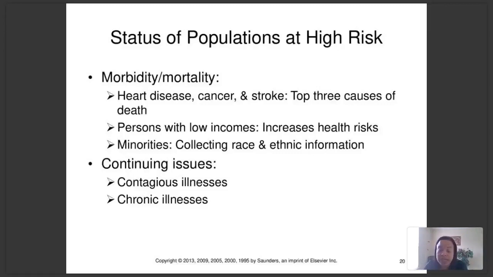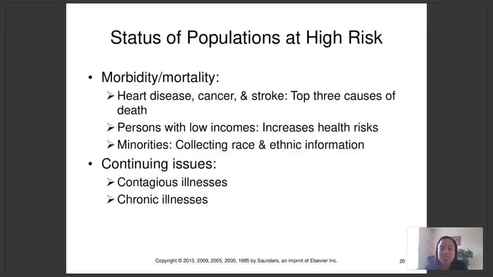SES, socioeconomic status, does have influence. Folks with lower incomes tend to have increased health risks associated with it. And with minorities, one of the things you want to think about is collecting race and ethnic information, because what you see at times, depending on diagnoses, is that there is more risk based on ethnicity as well.